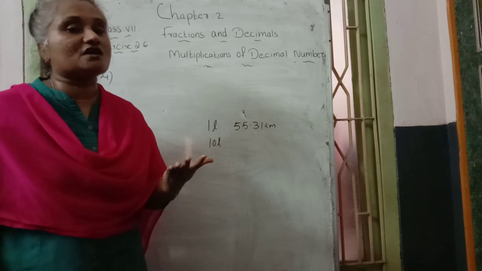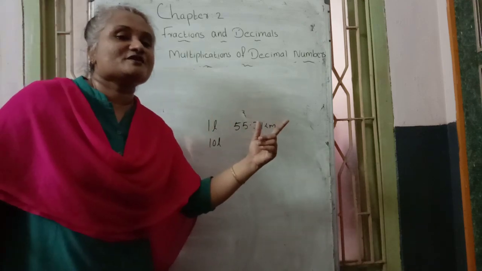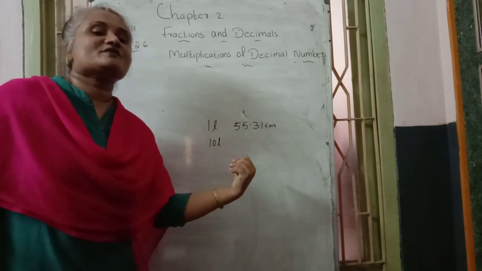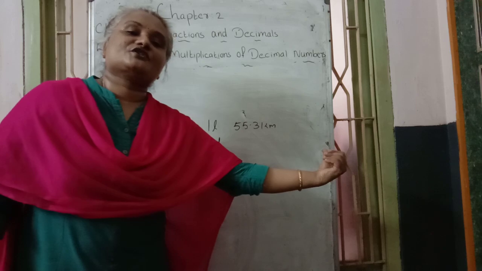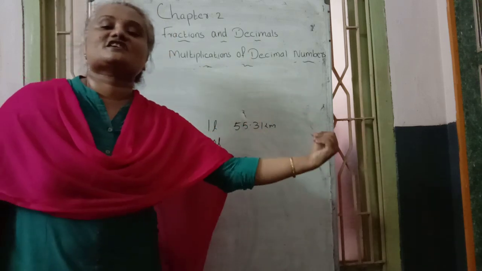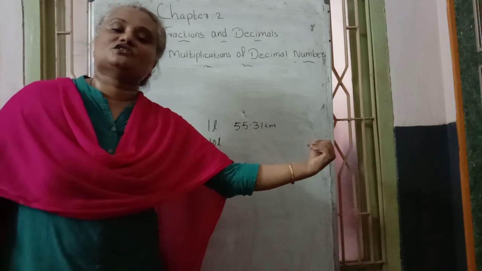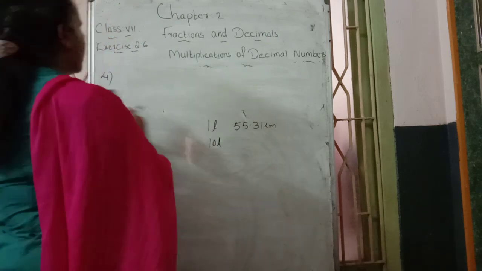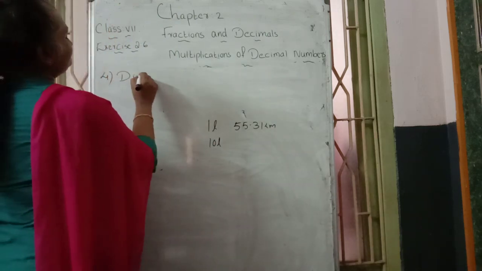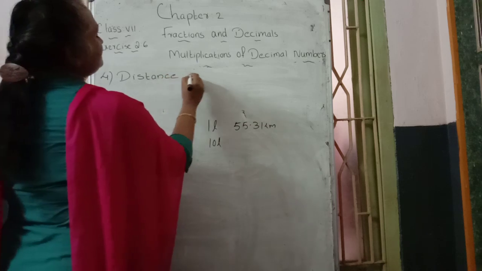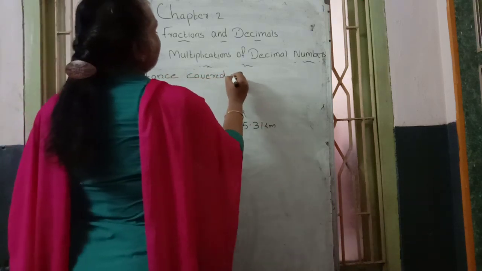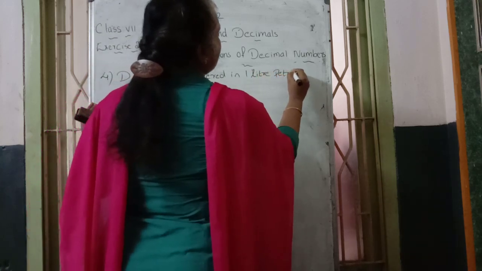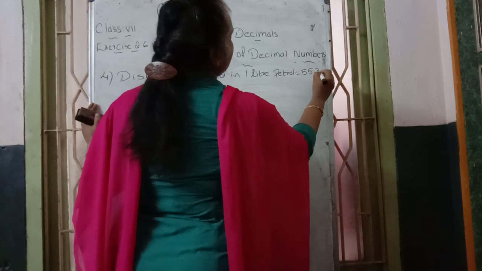So how to find it? For 1 liter of petrol, the kilometer is given. For 10 liter of petrol, we multiply the kilometer per 1 liter with 10 liter, then we get how much kilometer it can cover. First step: distance covered in 1 liter of petrol is equal to 55.3 kilometer.